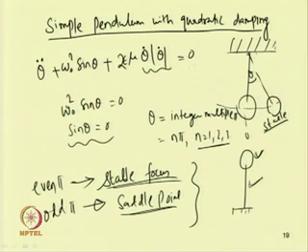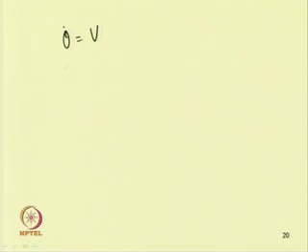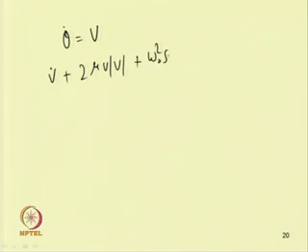So, for example, let us take theta dot equal to v. If one takes theta dot equal to v, then equation A reduces to v dot plus 2 mu v plus omega 0 square sin theta equal to 0.